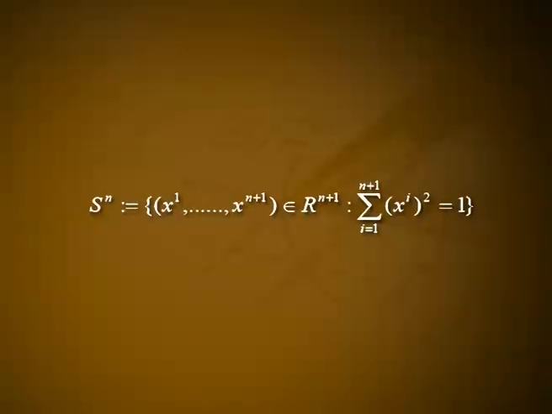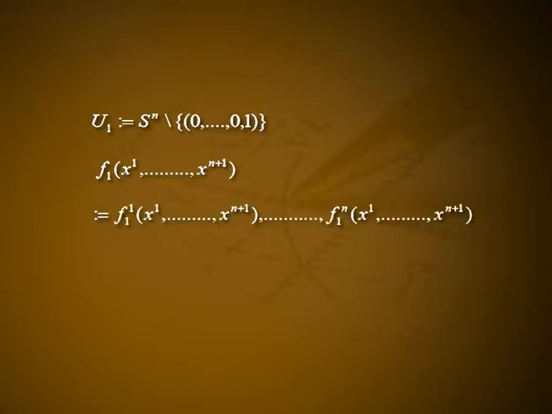Examples. First one, the sphere S^n, which is the set of (x1, x2, ..., x_{n+1}) in R^{n+1} such that the sum over i equal to 1 to n+1 of x_i squared is equal to 1, is a differentiable manifold of dimension n. Charts can be given as follows.